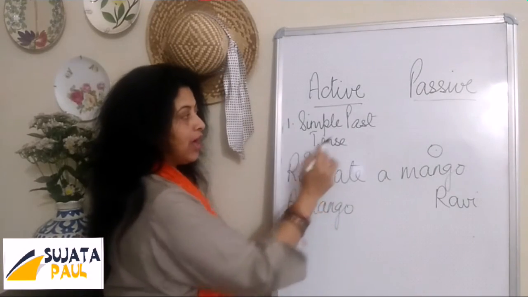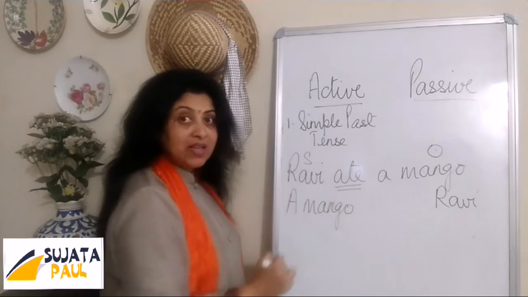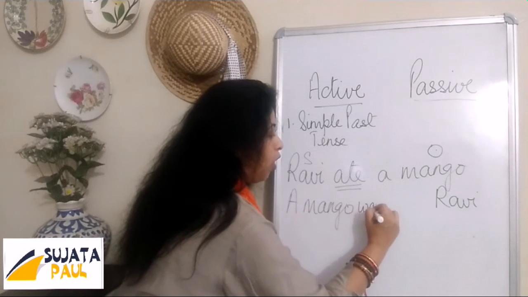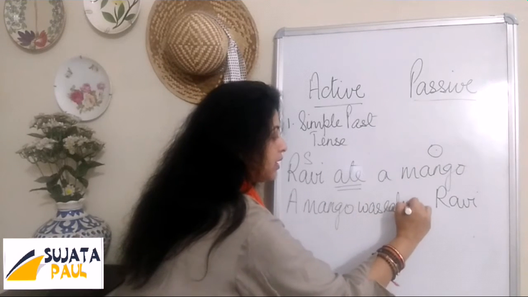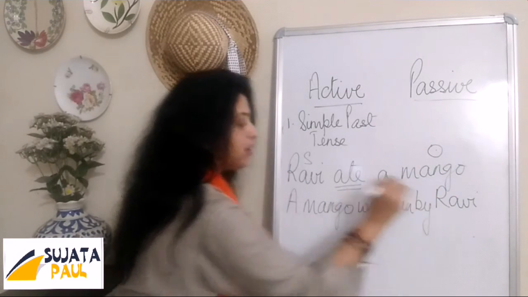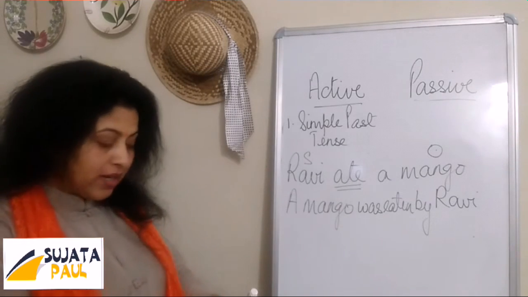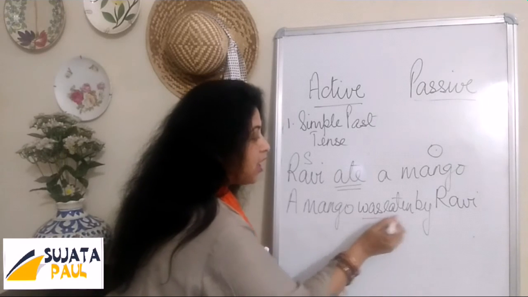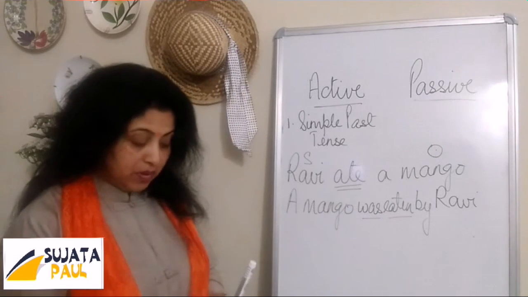A mango, and this is past tense. It is past tense. So I write a mango was eaten by Ravi. So what has happened? I have added a was here, and this is the past participle.